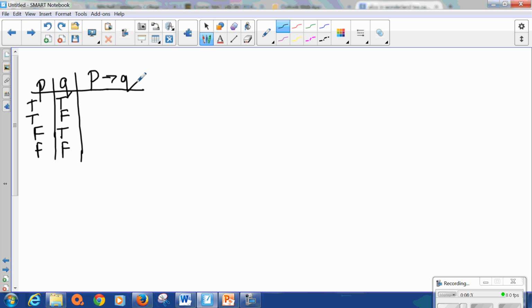If P, then Q is our conditional. And if P, then Q is only false when true leads to false. That's the only time it's false. The rest of the time, it's true, right? Remember the car GPS scenario. If you're listening to it, then you don't get where you're going. That's not true.